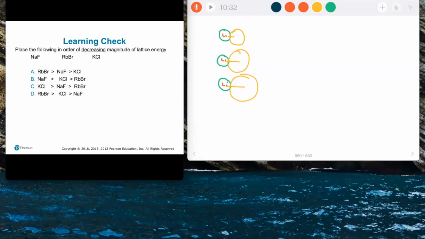The question here is, place the following in order of decreasing magnitude. That means from the most to the least decreasing ionic radius. So if I look at this, for that question, sodium is up here, followed by what?